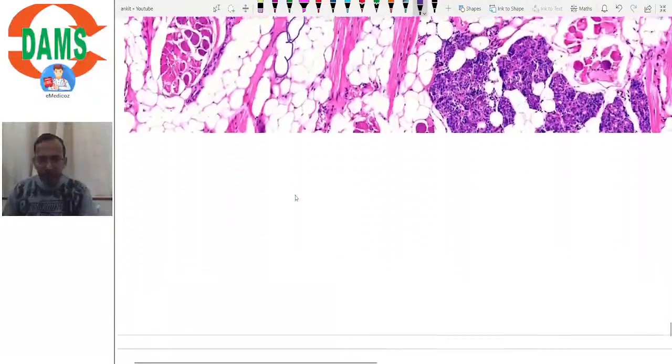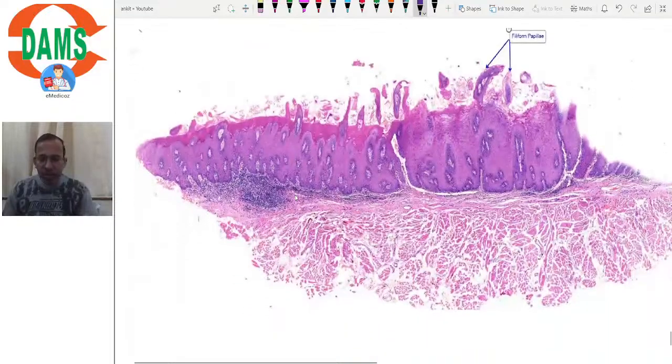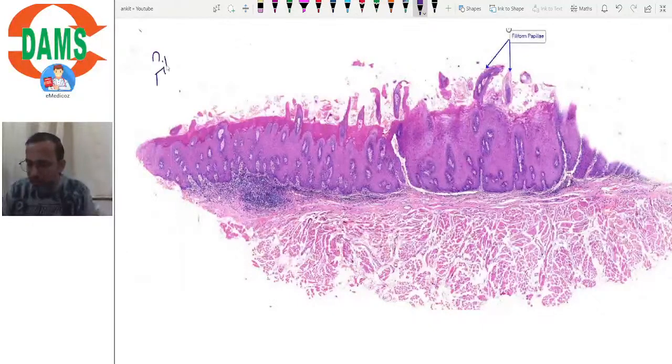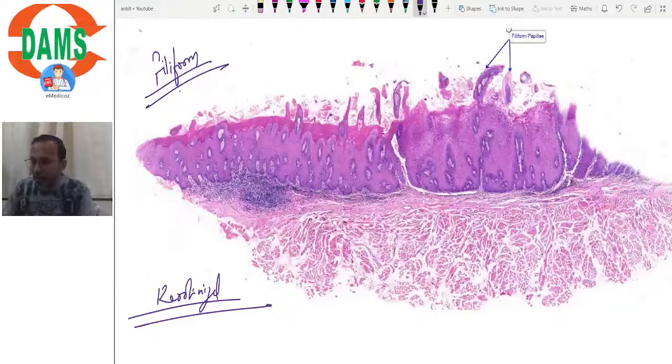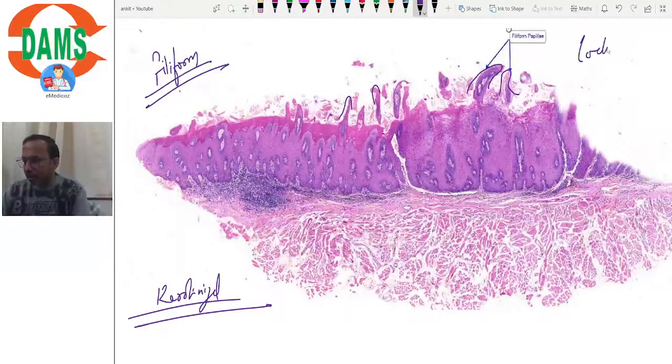Moving ahead. So we discussed circumvallate papillae. After circumvallate papillae, this is the filiform papillae. What is the most special thing about filiform papillae? These are the only lingual papillae which are keratinized, isn't it? So that's why you can see a layer of keratin covering these papillae, and that's why they are keratinized papillae, and they lack taste buds.